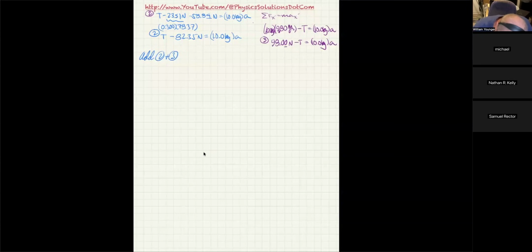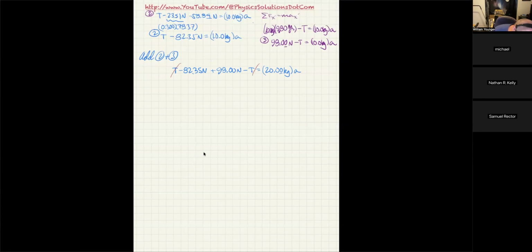So now when I add the two, I'm going to get T minus 82.35 newtons plus 98.00 newtons minus T. And remember, when we add the right-hand side, we get 10 kilograms times A plus 10 kilograms times A, which gives us 20 kilograms times A.